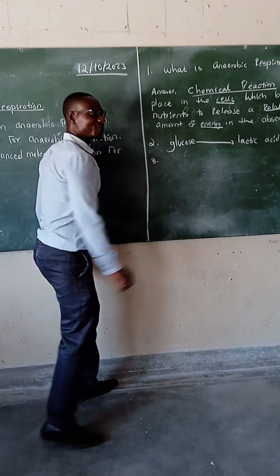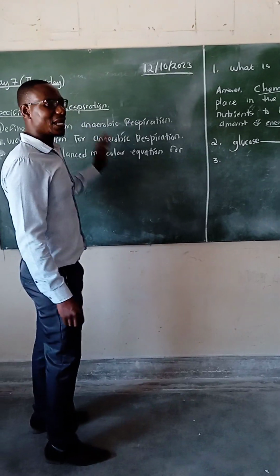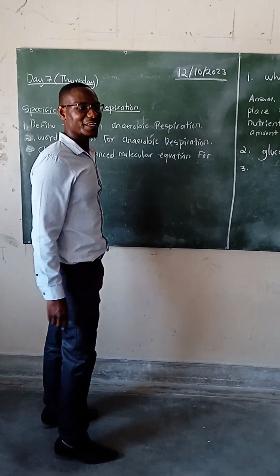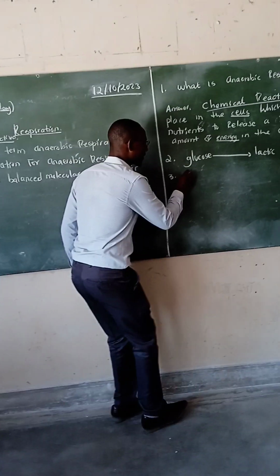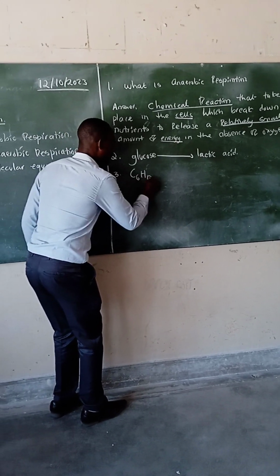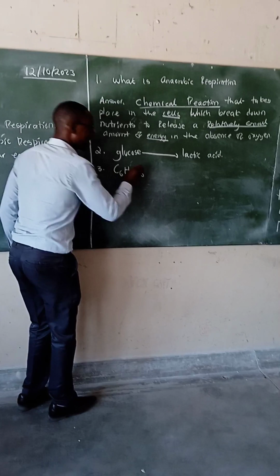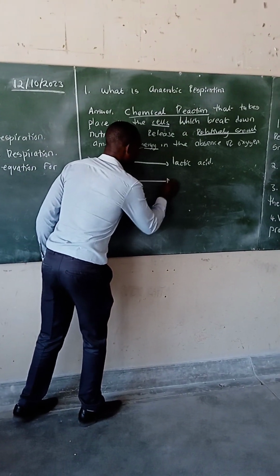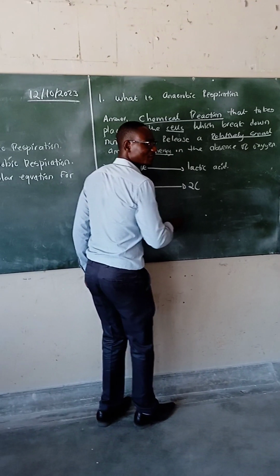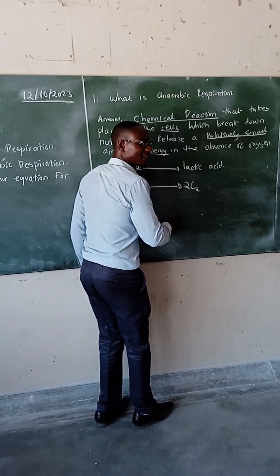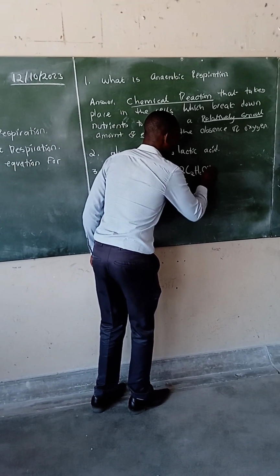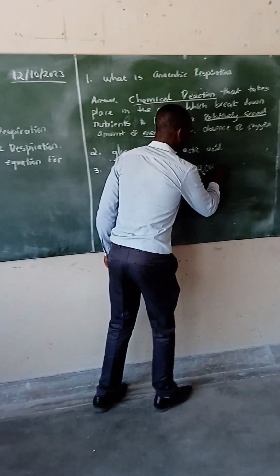Now who's going to give me the chemical balanced equation for yeast? Someone? Just give me the symbol. That is C what? H12, O6, which will give you what? 2C, 2 down there, H5, OH plus what?